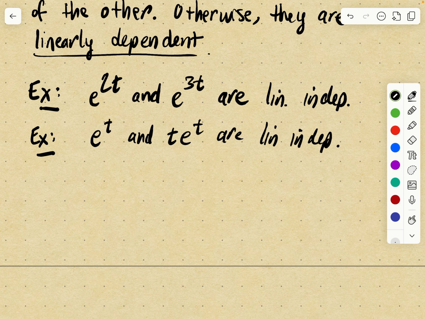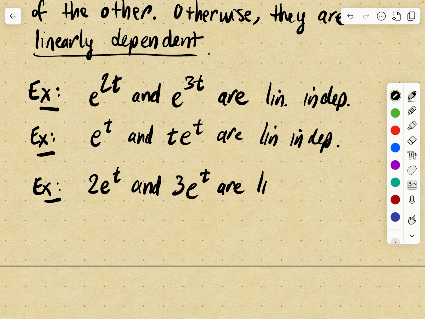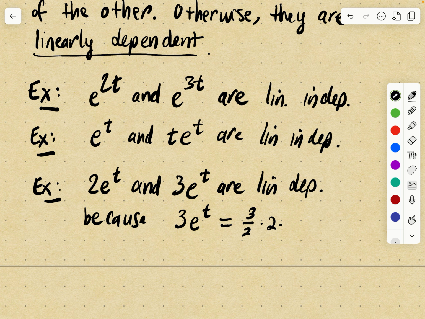But if you had something like 2e to the t and 3e to the t, these are linearly dependent, because you can write 3e to the t as 3 over 2 times 2e to the t. So basically these are functions that are scalar multiples of each other.